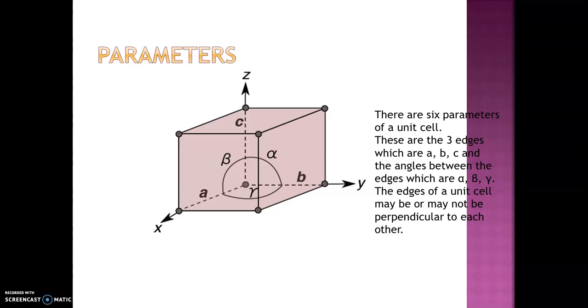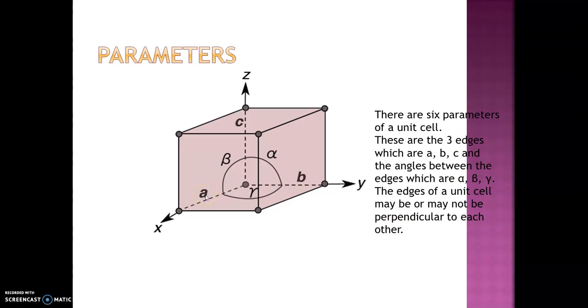Similar to this, a unit cell is a cube. Not only a cube, a unit cell is a structure, and if it is a structure, it should have some definite parameters. We'll see that. The parameters are three edges.